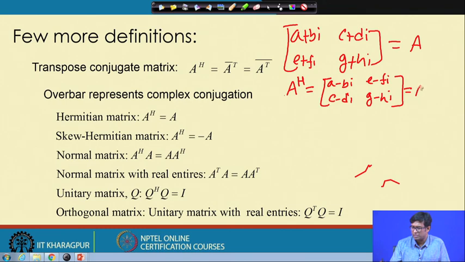All terms are made conjugate and then transposed, or you take the transpose and then do a conjugate of the matrix.